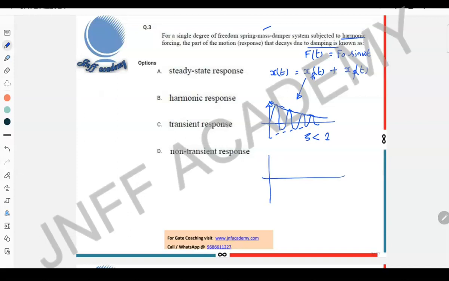For critically damped condition, it may decay like this. For over damped condition, it will come like this. For critical damped condition, zeta is equal to 1. For over damped condition, zeta is greater than 1. If you look at all these three variations, the response is a transient response.